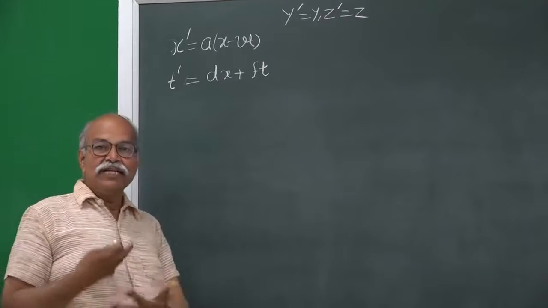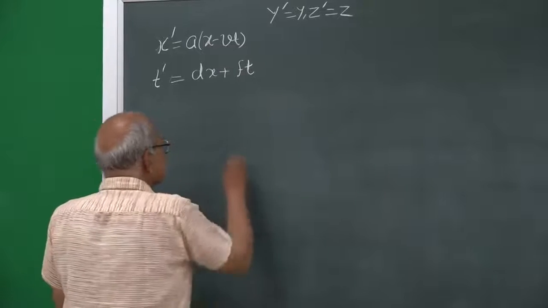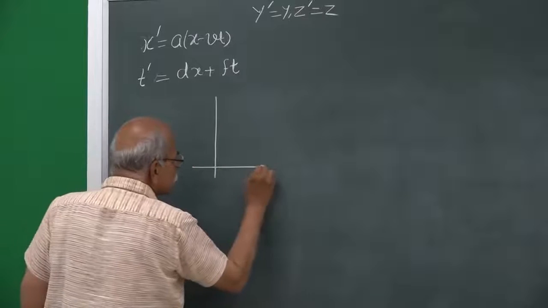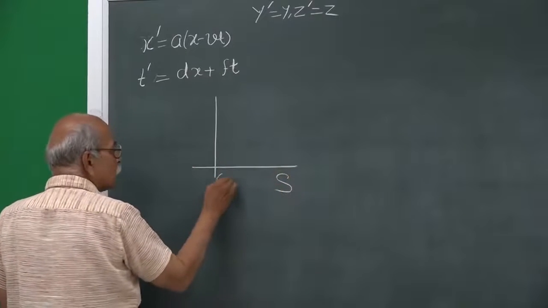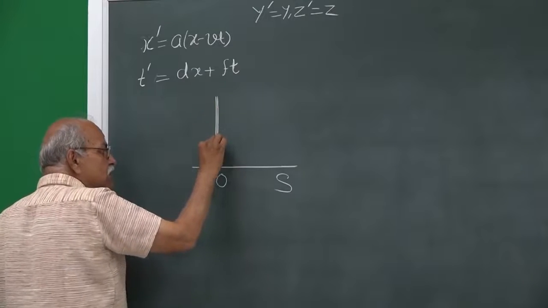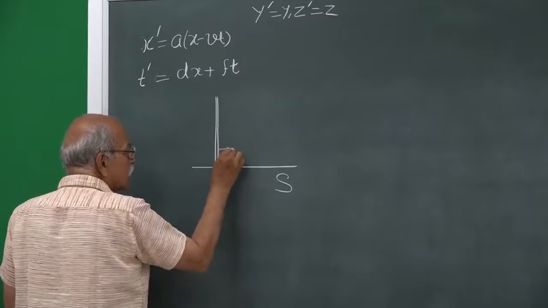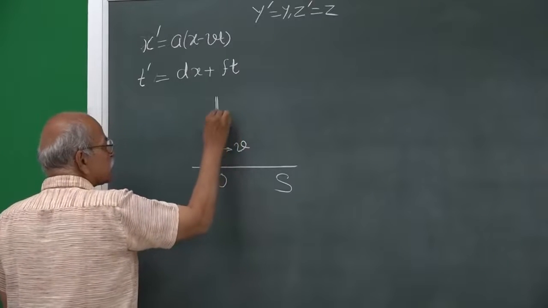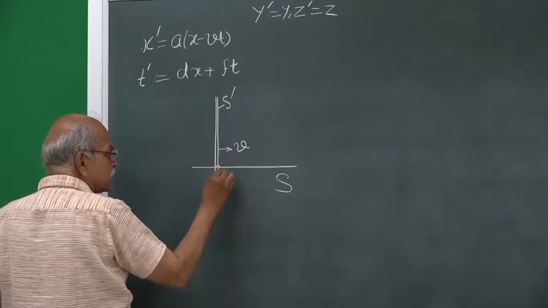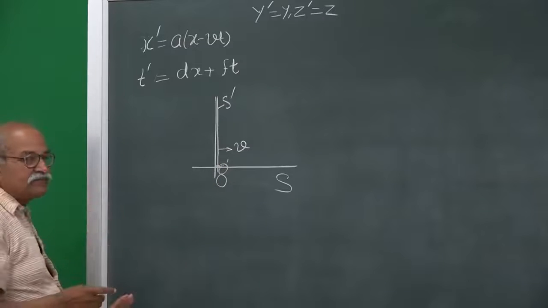And to get those three equations, what we are considering is, suppose we have this frame S, origin O, and then frame S prime, which is just crossing. Origin O and O prime are at the same place, just crossing.